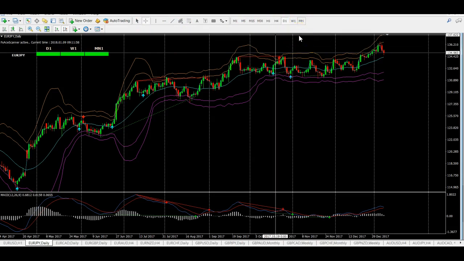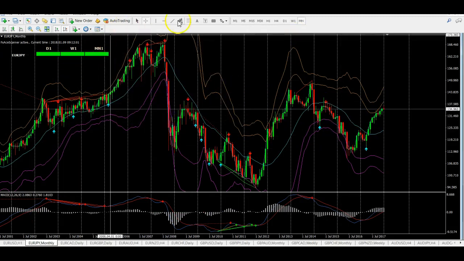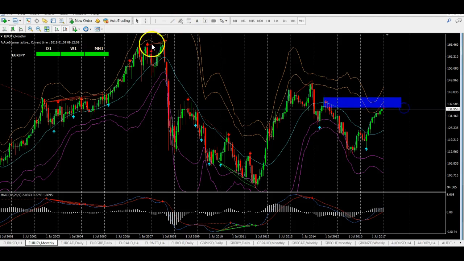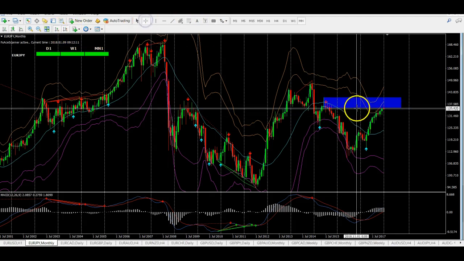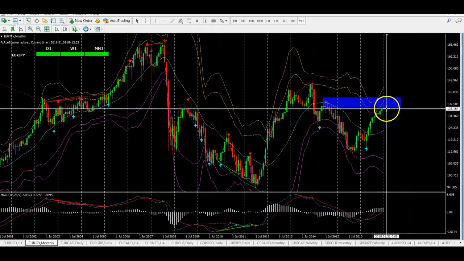Zoom out to the monthly charts. See, you've got this area here in the monthly, coming into the 137. Last week it hit 136,700, 800, nearly 137.